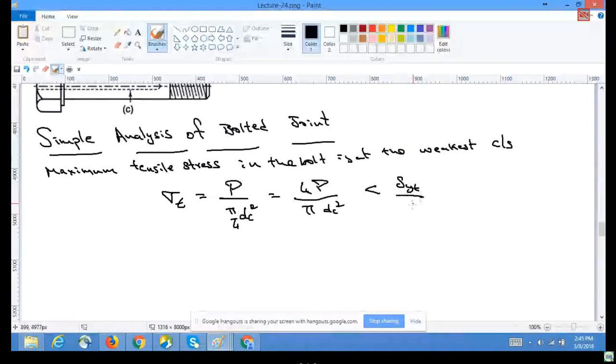So people also like to have equal strength both in terms of tension as well as in shear.